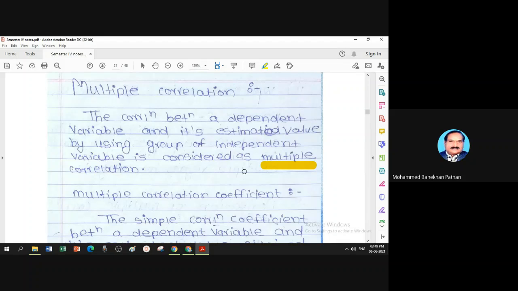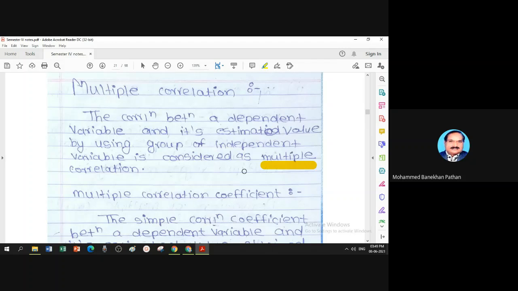So we divide this set of variables into two groups. On one side, we take a single variable whose nature is dependent, and the rest of the variables together are labeled as a group of independent variables.